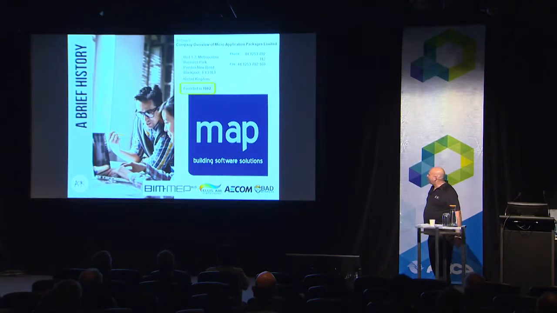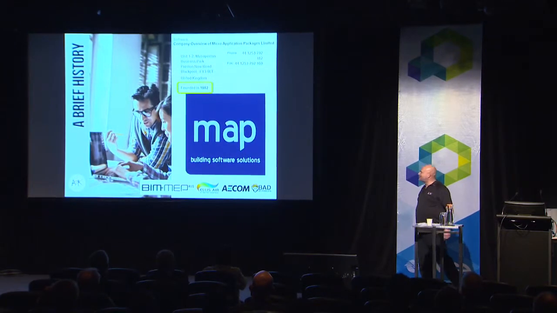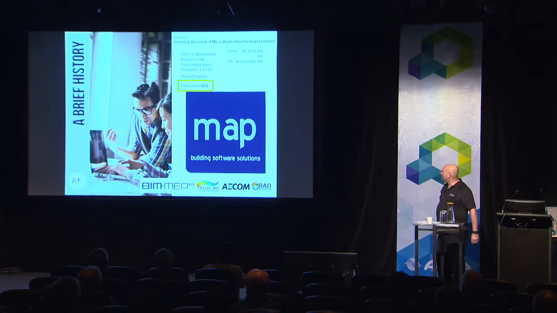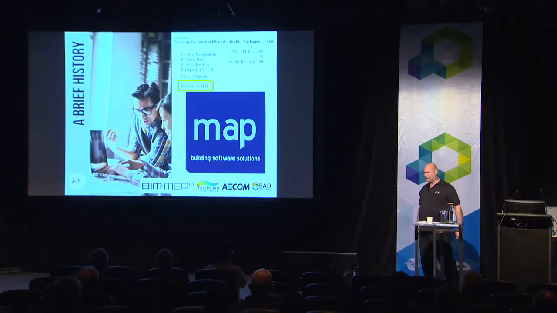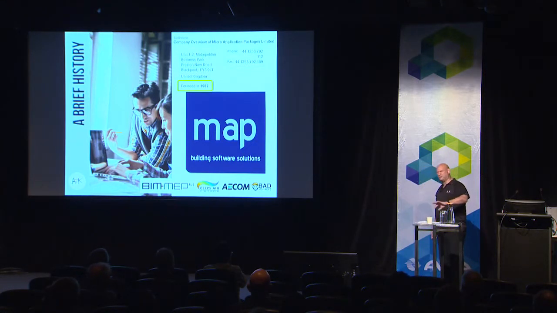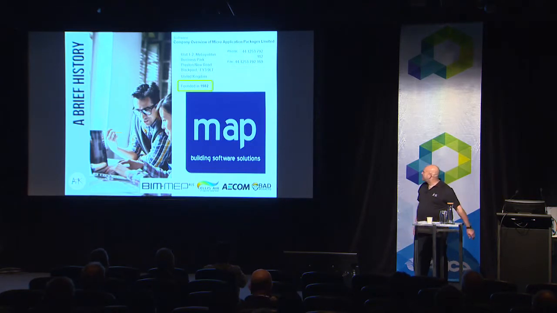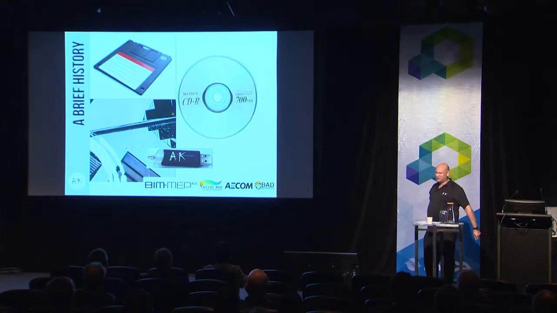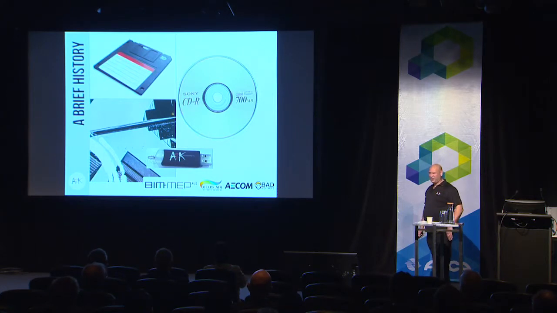But we wind the clock back to 1982, and a business called MAP, Micro Application Packages, was founded by a guy called Peter Barcock in Blackpool in the UK. That's the UK's equivalent of Bondi Beach, I think, is it, Andy? Something like that, anyway. Way back then, they were leveraging technology such as, does anybody know what that top left thing is?